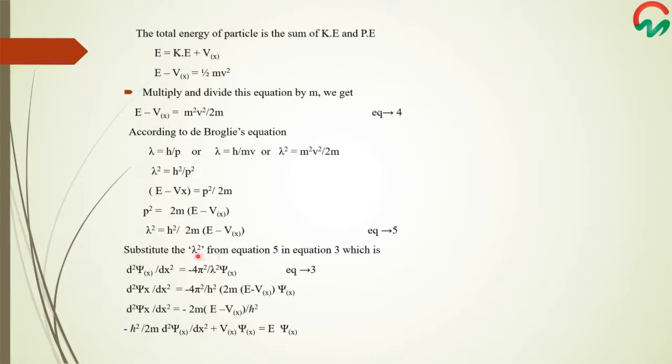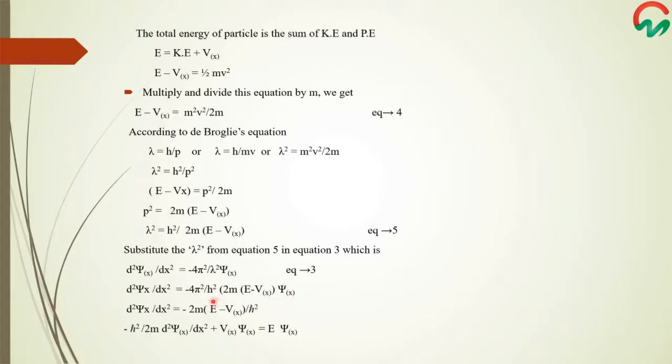Now we will substitute this lambda square from equation number 5 in equation number 3, which was d square psi(x) over dx square equals minus 4 pi square over lambda square into psi(x). By substituting equation 5 in equation number 3, we get d square psi(x) over dx square equals minus 4 pi square over h square into 2m(E minus V(x)) into psi(x).